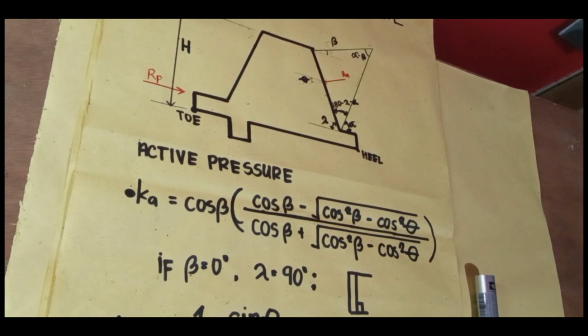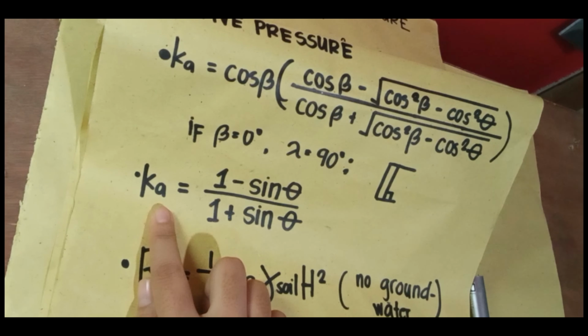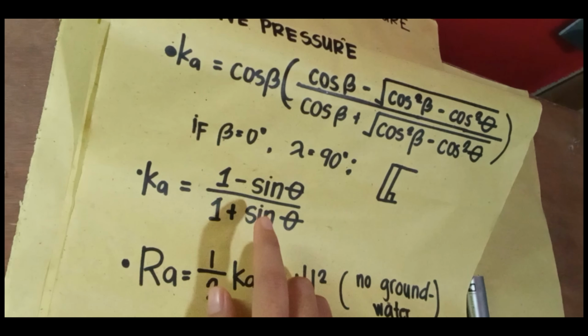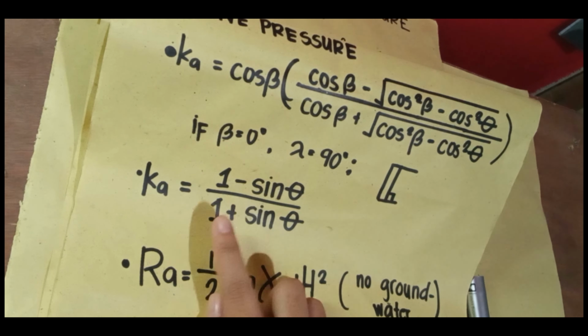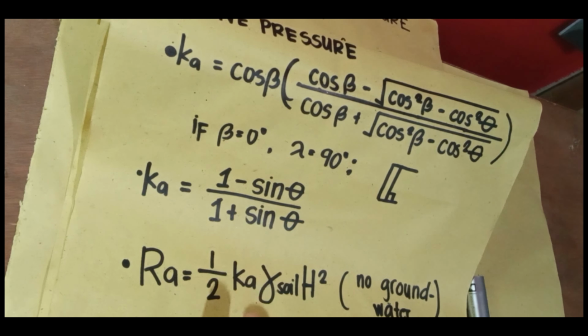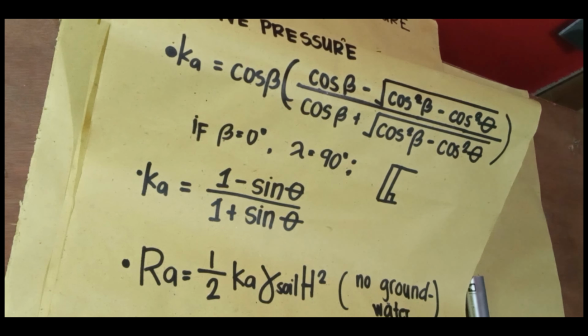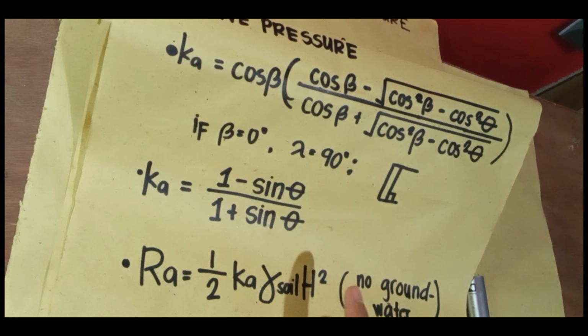So the formula is this: K sub A is equal to 1 minus sine phi over 1 plus sine phi. And the formula of the active pressure is 1/2 times K sub A times the unit weight of soil times the square of the height.